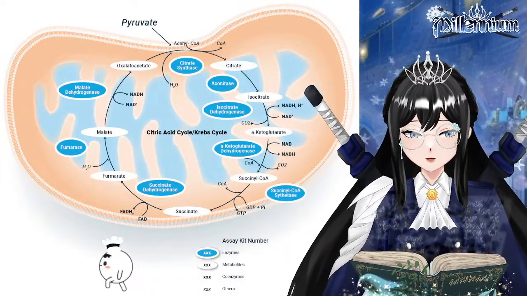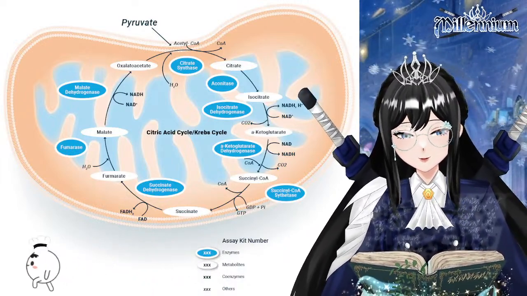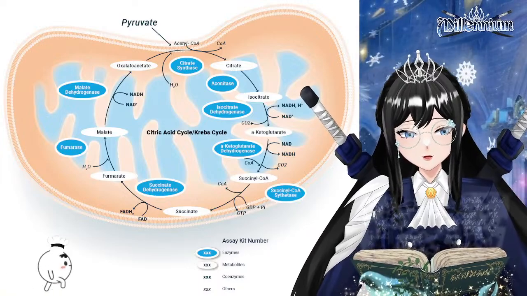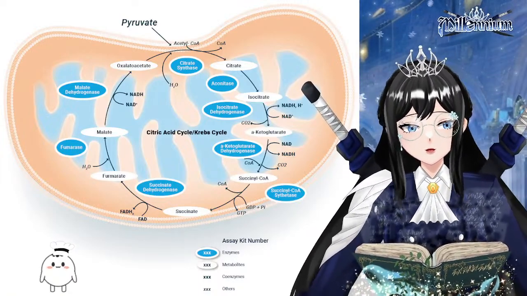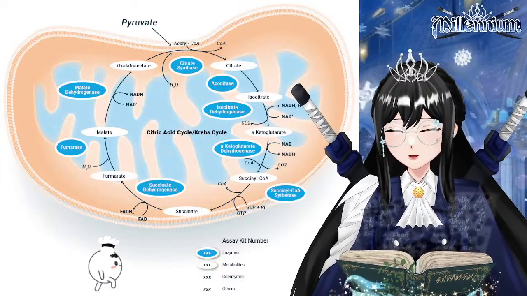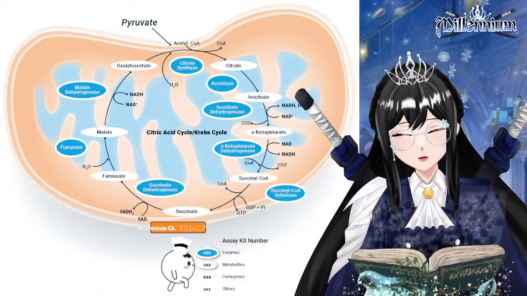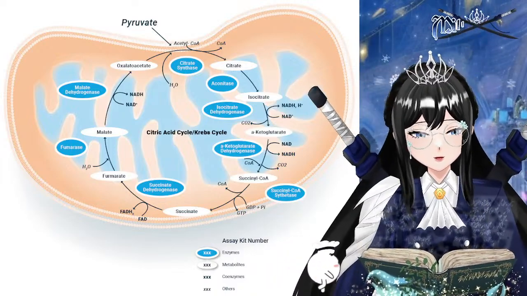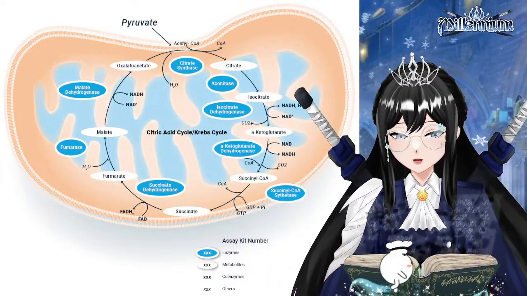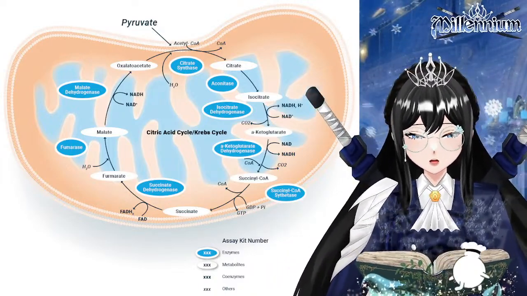There's also glutamate dehydrogenase, which would convert alpha-ketoglutarate and glutamate. That would link amino acid metabolism to the Krebs cycle. So all of them just talk. It's not just in one compartment. They talk to each other.